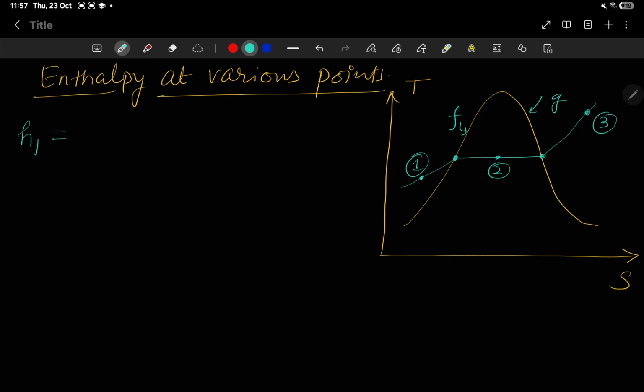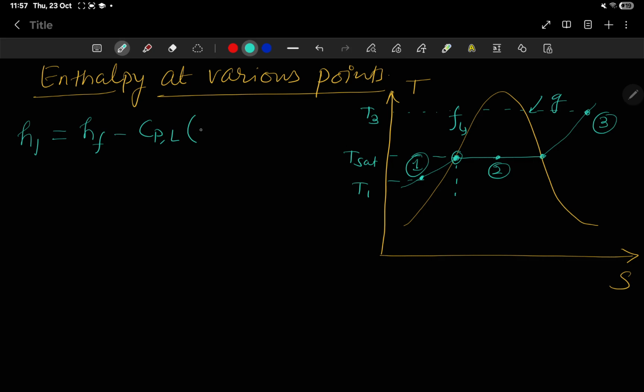This will be hf. We will get hf, and this will be minus Cp liquid. This temperature will be Tsat, this temperature will be T1, and this temperature will be T3, right?